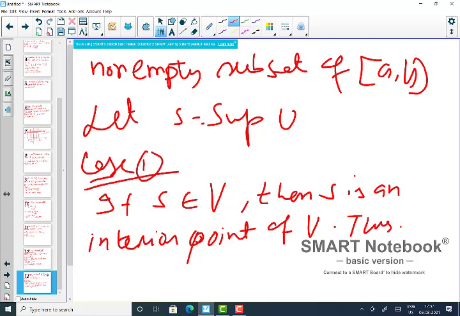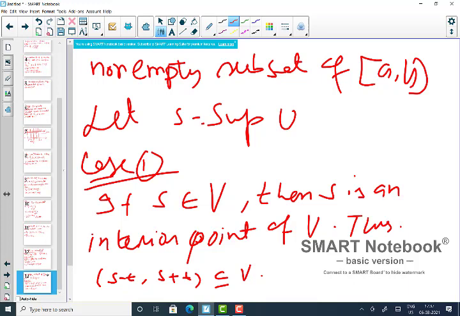So you will have something, say S minus epsilon to S plus epsilon, that is completely inside V. Okay, so what does that mean? That means there are points which are also upper bounds of U, right?